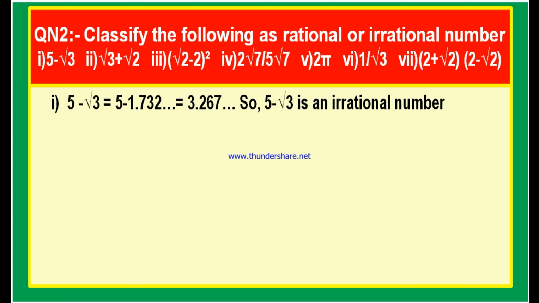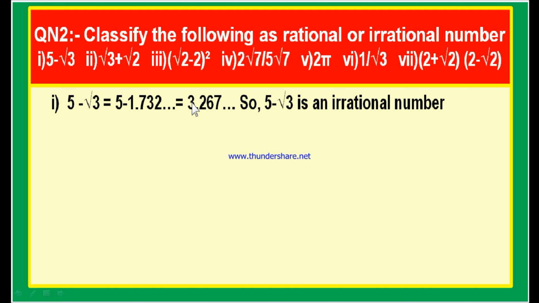We already learned in the key concepts that if we add a rational number and an irrational number, or if we subtract one from the other, you will always get an irrational number. Let us verify whether it is right or wrong. Here we have to subtract the √3 value from 5. 5 is 5.0 minus √3 value 1.732 and so on, a non-terminating, non-recurring number.